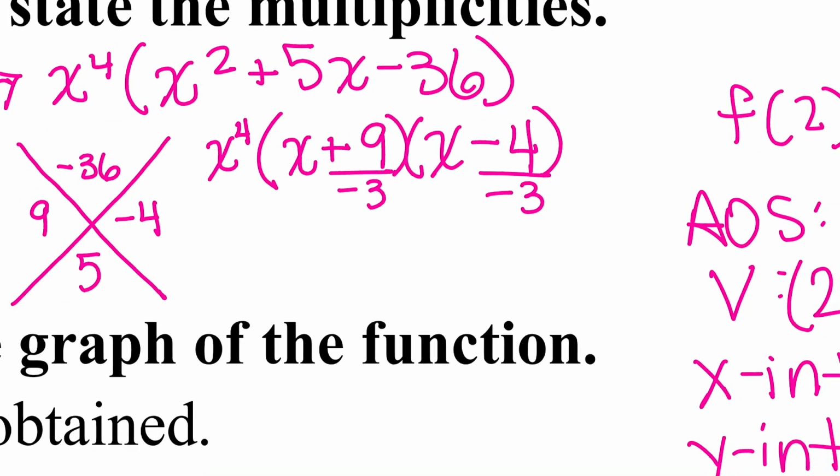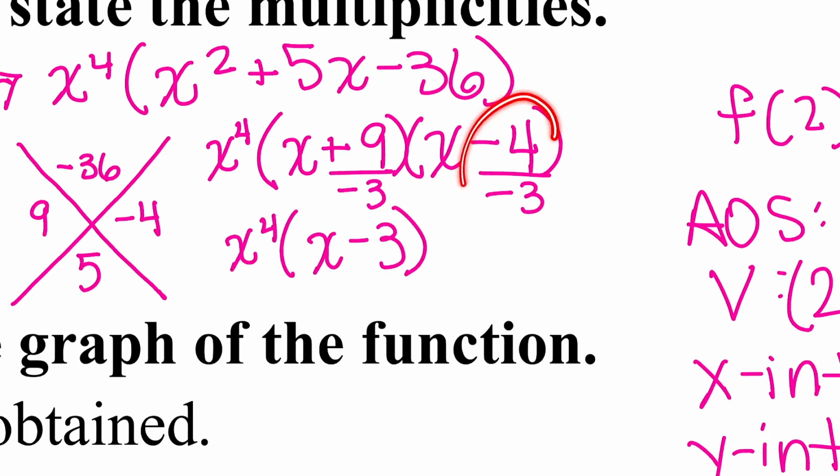If they divide evenly, like they do right here, we're going to let them divide. If they don't divide evenly, like over here, we're going to write this term in front of our x. Now, this is a negative divided by a negative, which will make both of these positive, so this factor is going to be 3x plus 4.